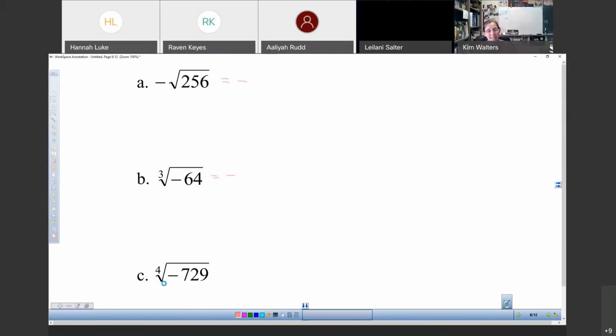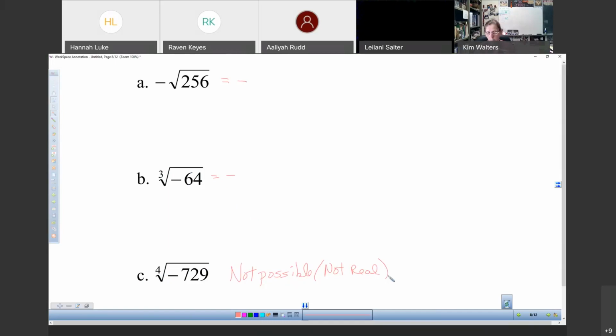Part C says I want to find the fourth root. 4 is an even number of a negative number. And this is the one that I can't do. So this is not possible. Or another way to say this that we talk about in college algebra is it's not real.